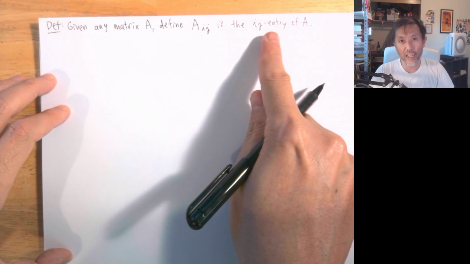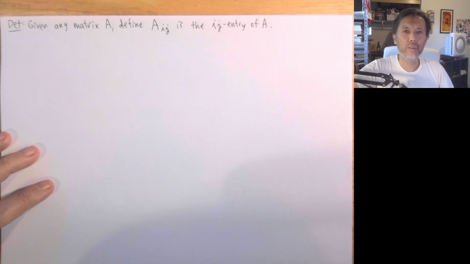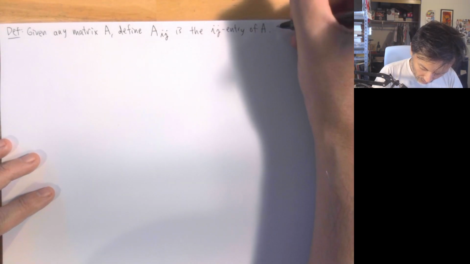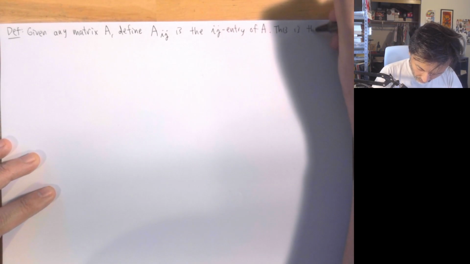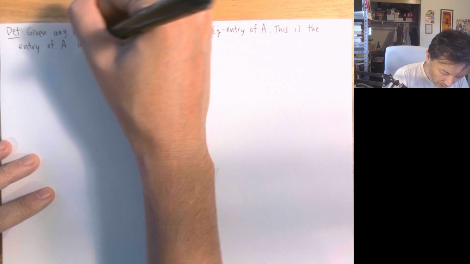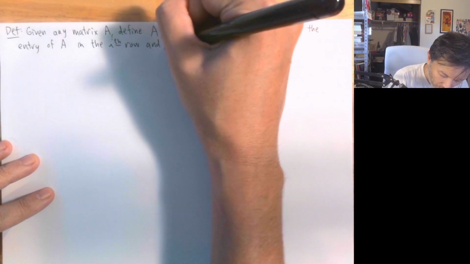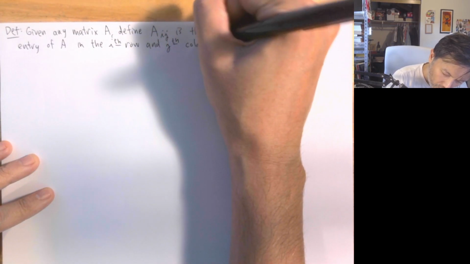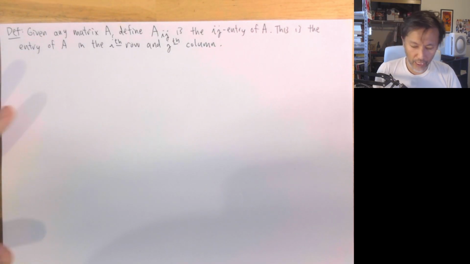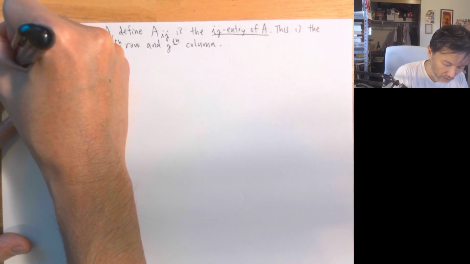That, in other words, is the entry in the ith row. Sorry, the glare from my light here is pretty intense, isn't it? Maybe I can make it more diffuse this way. This is the entry of A in the ith row and jth column. I might have defined this already. I don't remember. So it's fine if I just do it again. Okay. Then we can give another definition now for the transpose.